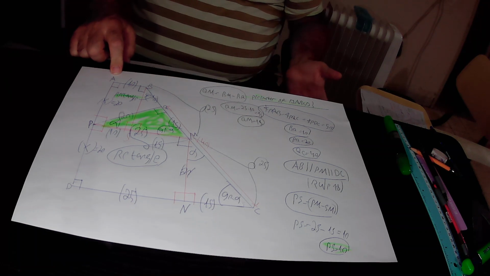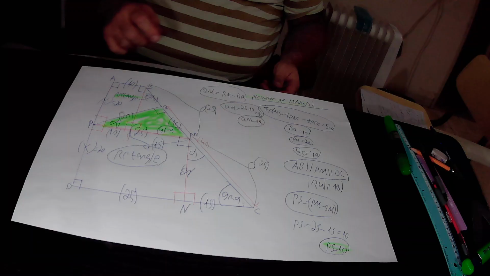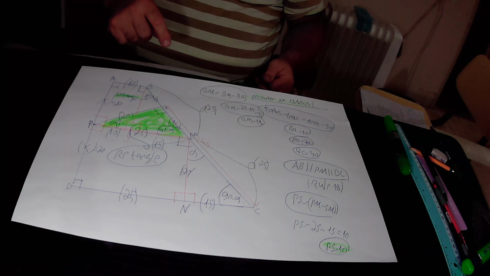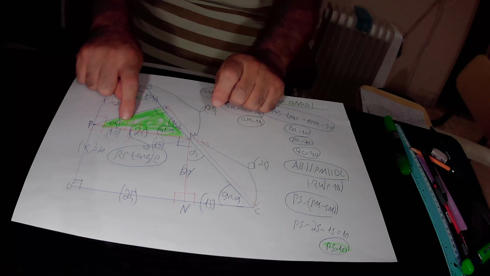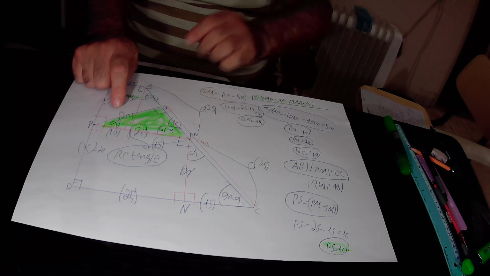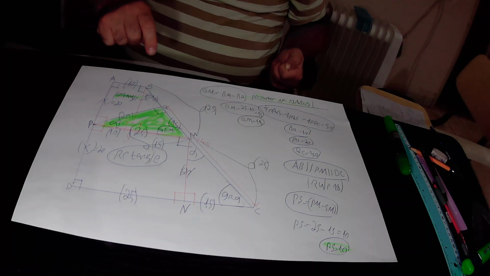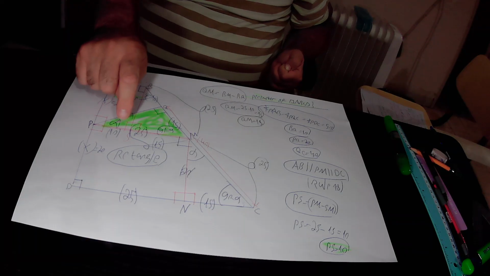According to the first method, we implemented the trapezoid mid-segment theorem to find that AB equals 10. In the second method, we do a construction: from point B we draw a perpendicular to PM. So this angle equals 90 degrees according to our construction. We define the touching point of the perpendicular from point B and PM as point S.